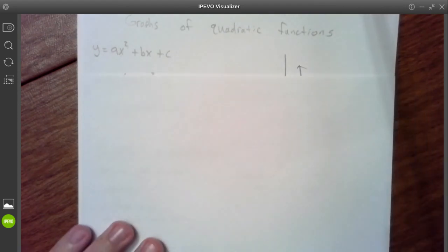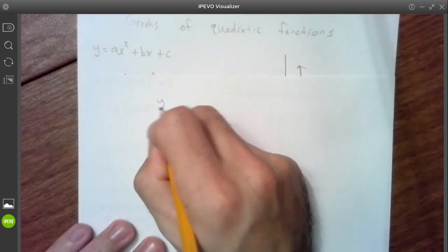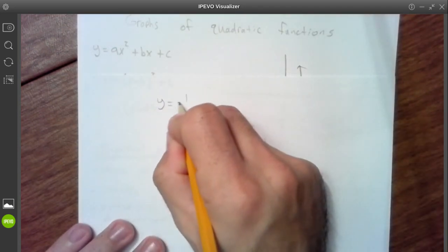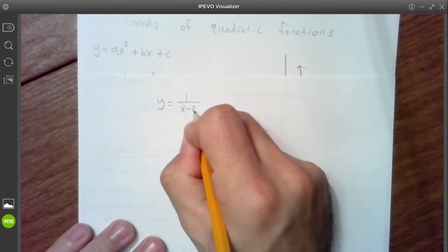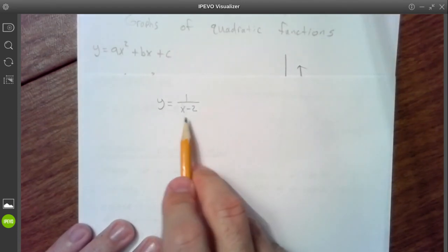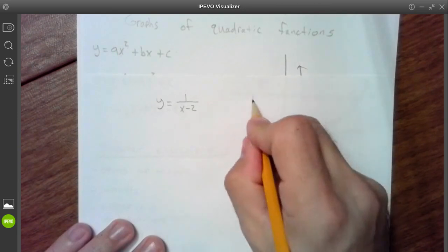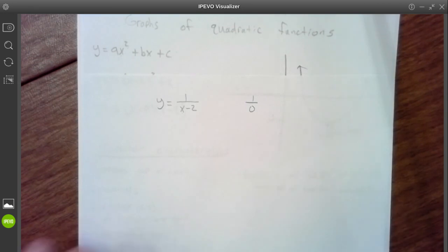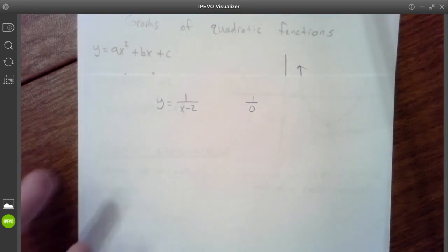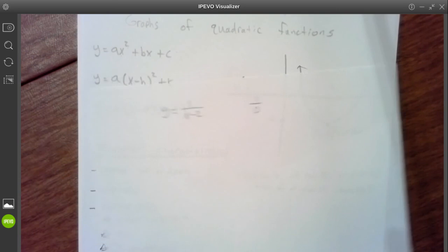Something you do run into issues with, which we'll talk about later, is something like this. This would have a domain restriction. You would not be allowed to plug in 2 for x because that would give you a 0 in the denominator, and you can't have that. That's an example of something that does have a domain restriction.